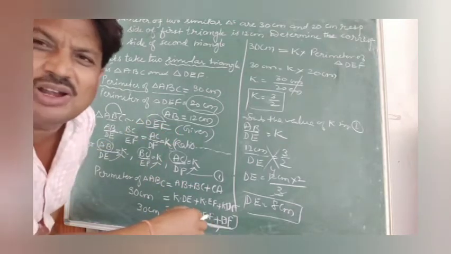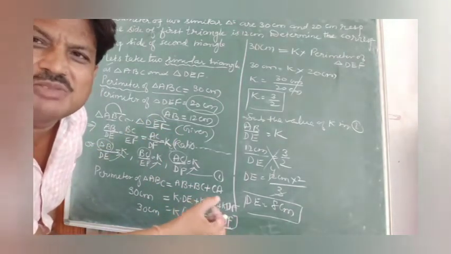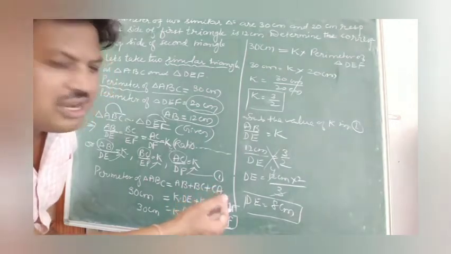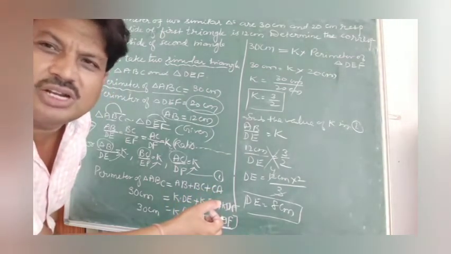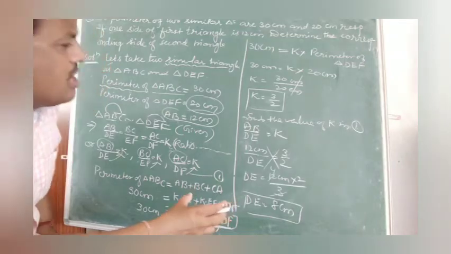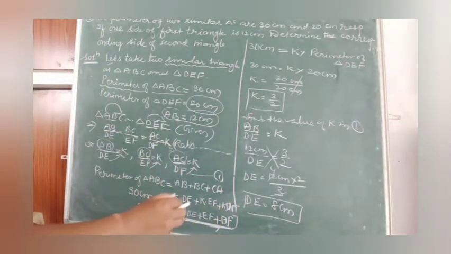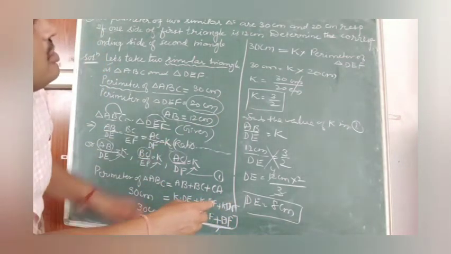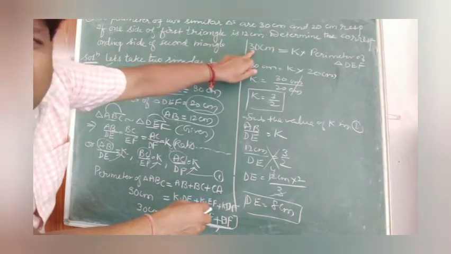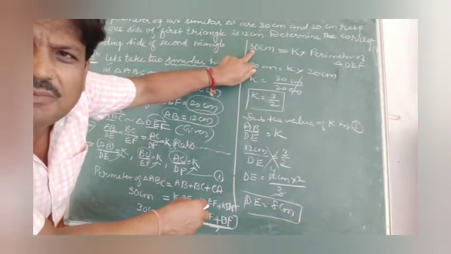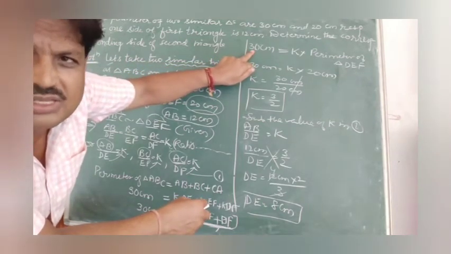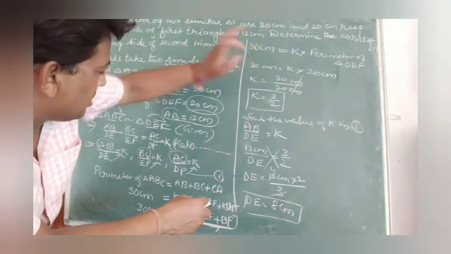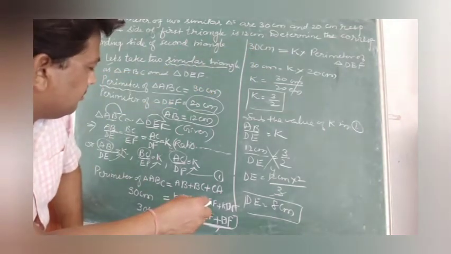So is it not easy? Very easy but somewhat lengthy. But if it comes in 1 mark or 2 marks, you need not go through all that. There is a shortcut method, not an extra method. It comes from here only. What is it, children, see here. This 30 centimeter is the value of what? Perimeter of triangle ABC. So in place of 30 centimeter, what can we write, children?